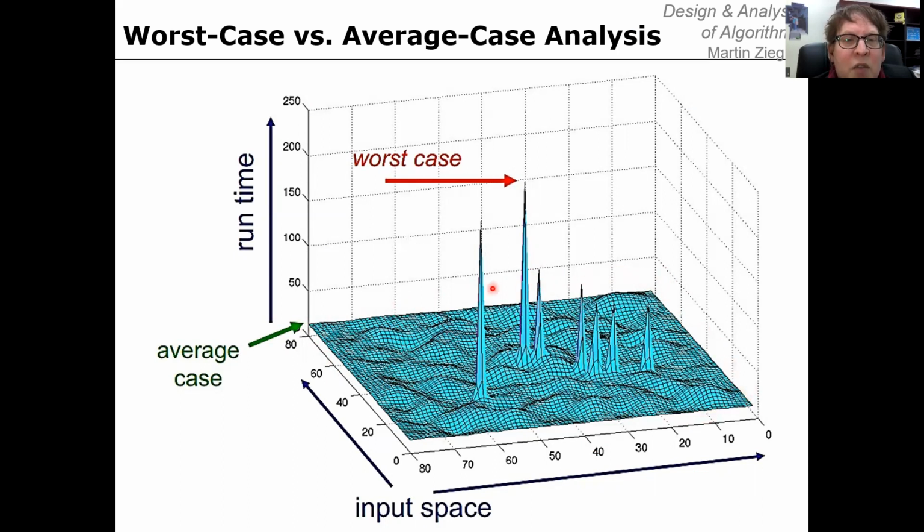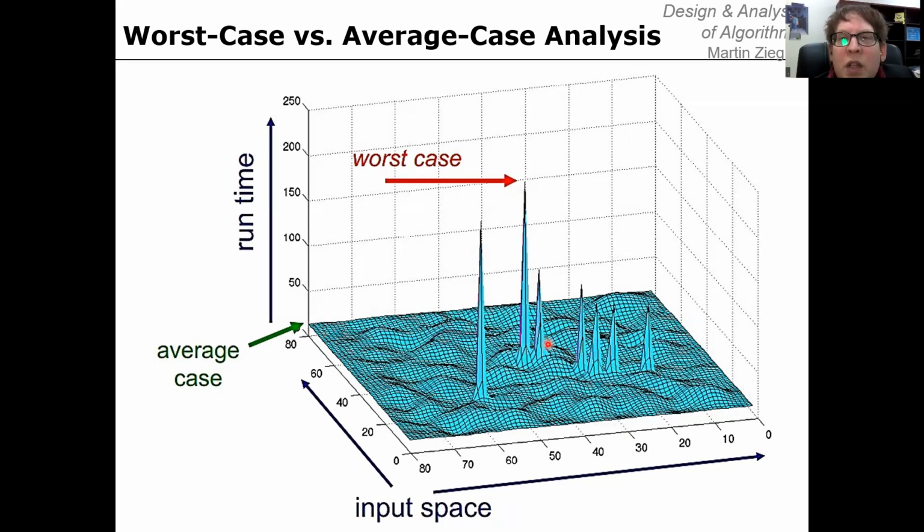So the average height may be somewhere here, like 40 or 50. So average case analysis gives a better, more realistic prediction of the behavior of the algorithm, more optimistic than the worst case. So that's worst case versus average case.